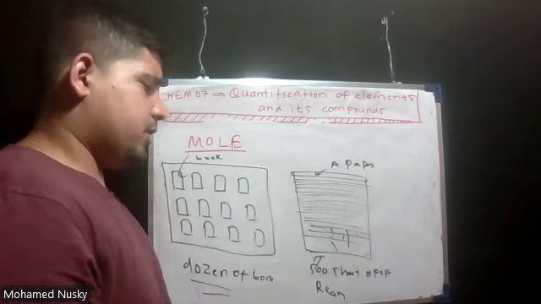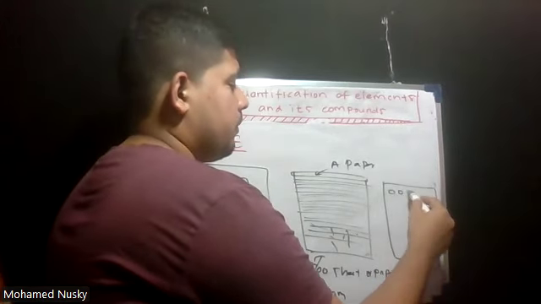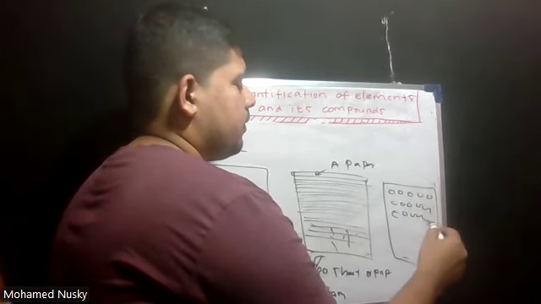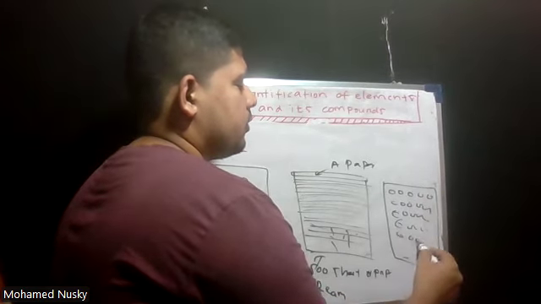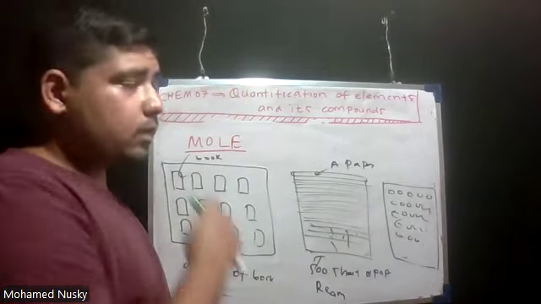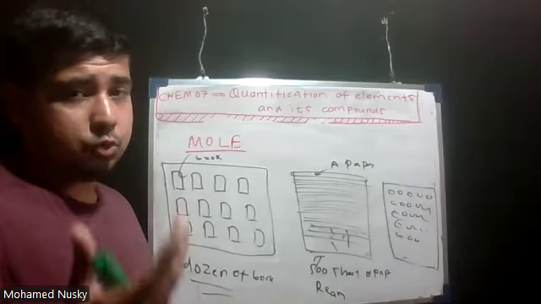Likewise, in chemistry, if there is a certain number of atoms or molecules, there will be so many atoms, right? As I said earlier, the relative atomic mass of carbon is 12 grams.